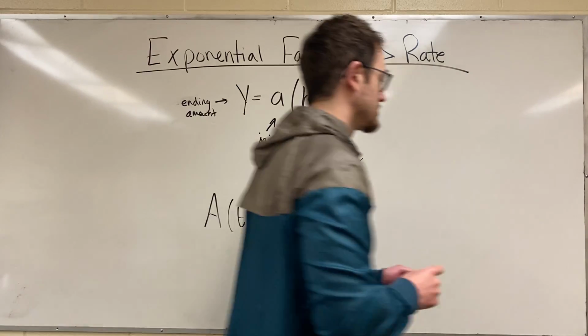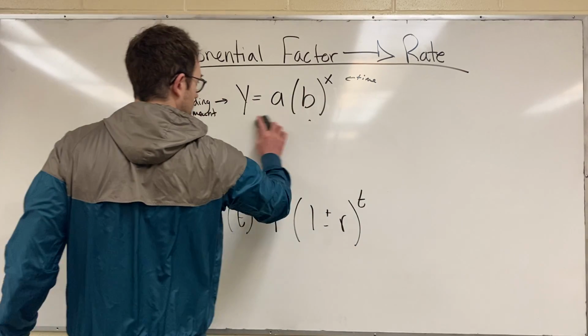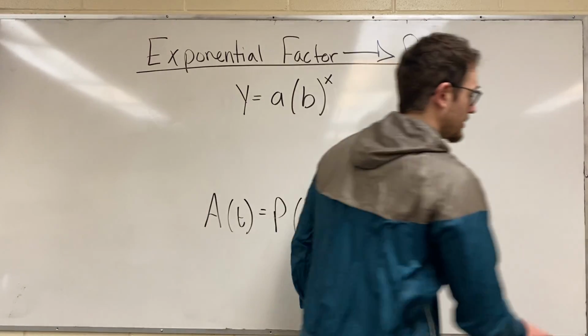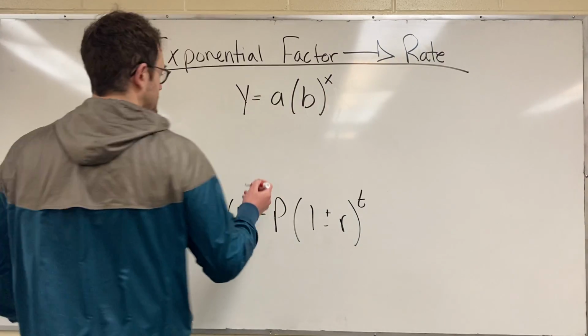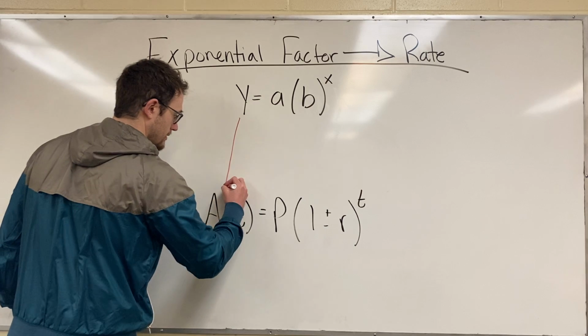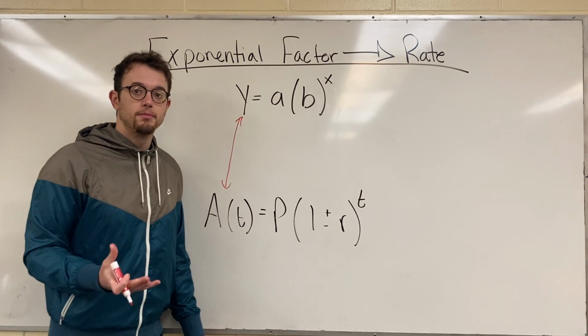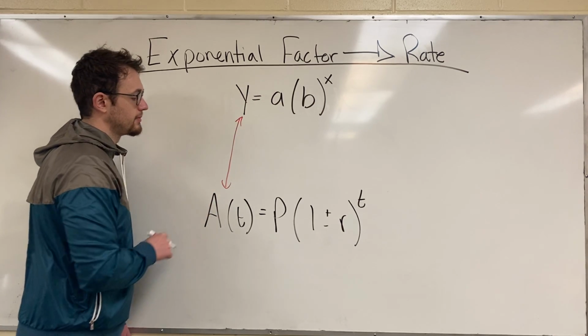All right, but this is what students are struggling with when we go from that to this. So actually let me erase this stuff in between. Grab another color. So those two things are interchangeable. They're the same. Ending amount, ending amount. Total amount, total amount.